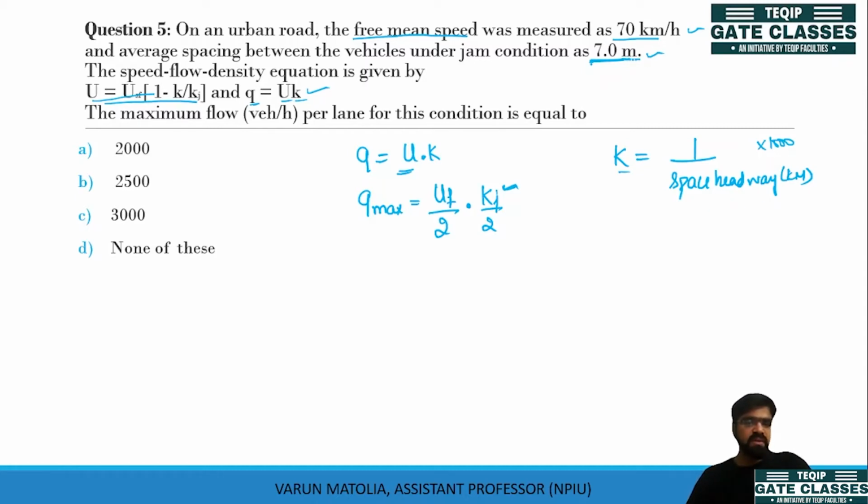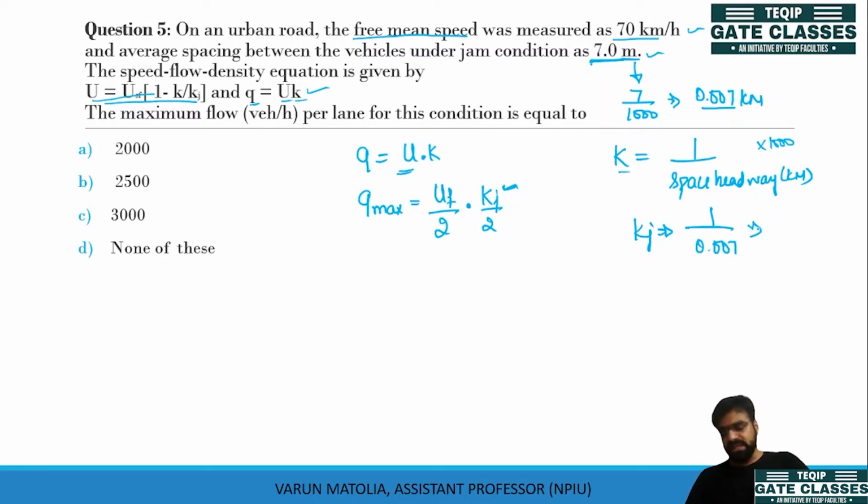Here the value is given in meters. We will change it to kilometers, that is 7 divided by 1000, which is 0.007 kilometers. So from here we can calculate the jam density. It is 1 divided by 0.007. Let us calculate the jam density.